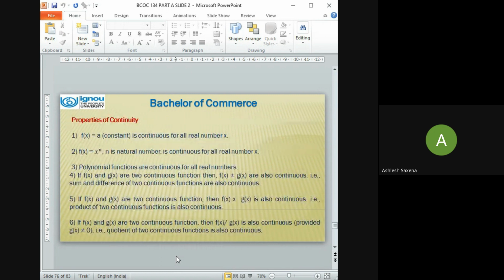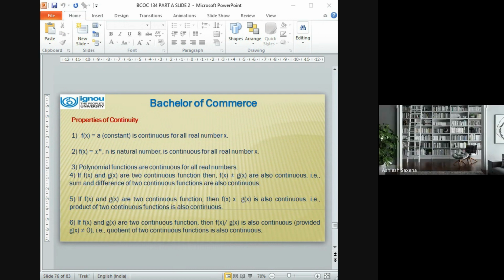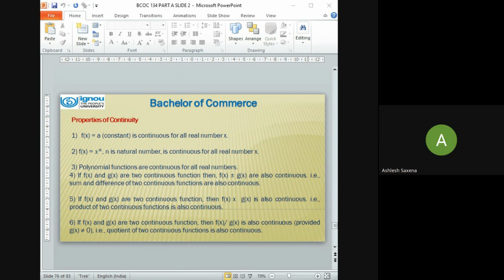What are the properties of continuity? f(x) is equal to a constant is continuous for all real numbers x. f(x) is equal to x raised to the power n, where n is a natural number, is continuous for all real numbers x.